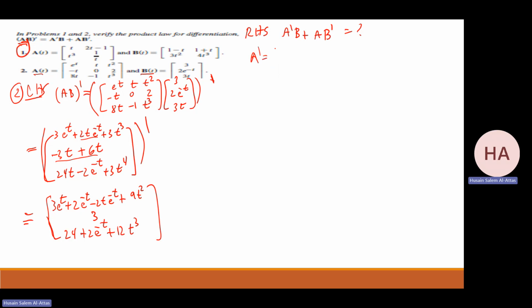A prime will be e^t, 1, 2t minus 1, 0, 0, 8. This is minus 1, so this is 0 at square. B prime will be 0, minus 2e^t minus t, 3.